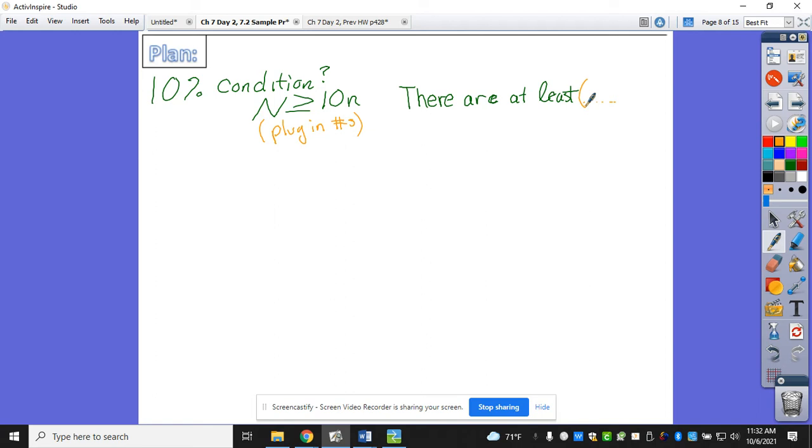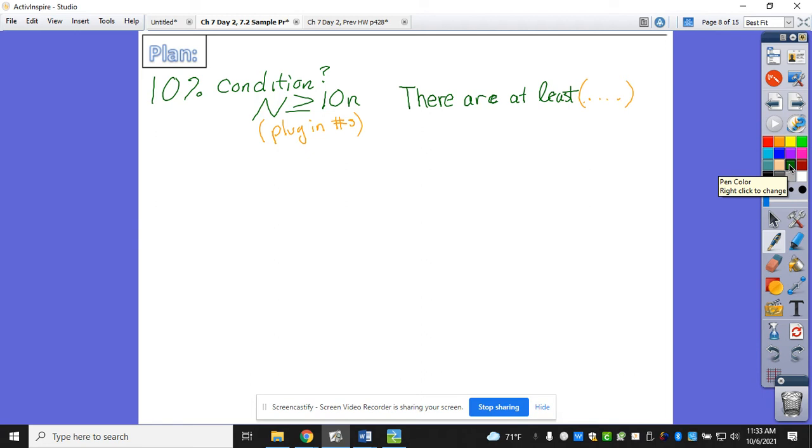You can write, I don't care if you do this, 10n in population. I don't want to write that, it gets confusing because it's individual population. Then you write that part out in context. All right, so that gets us through the 10% condition.